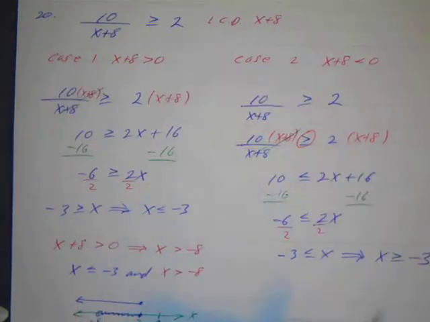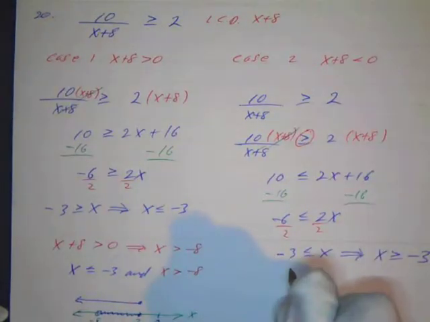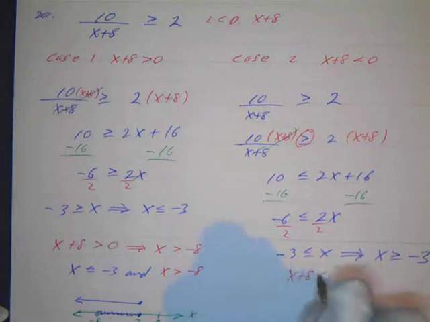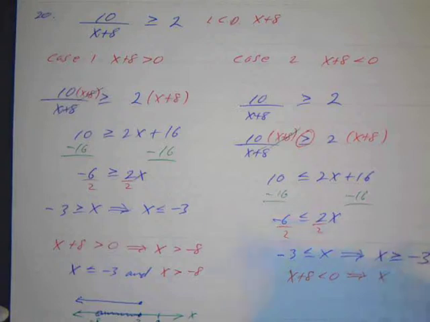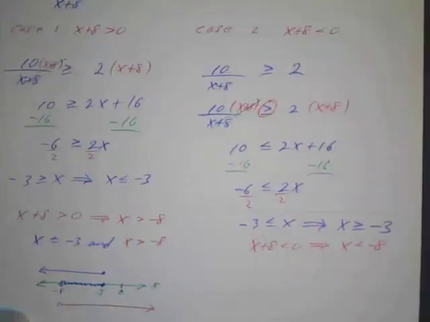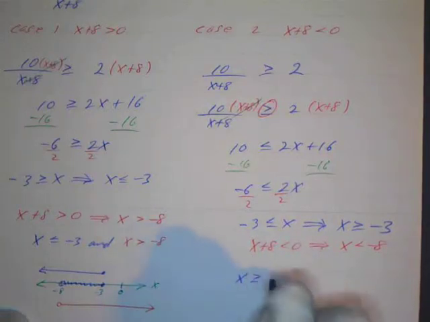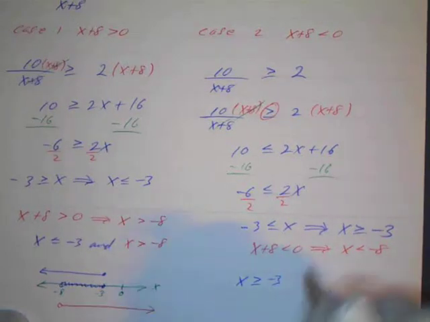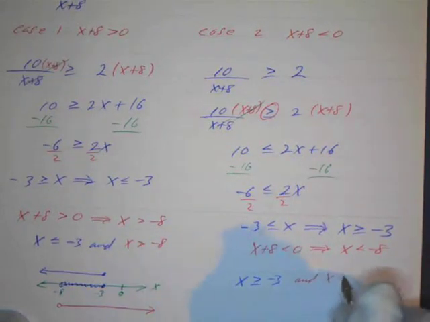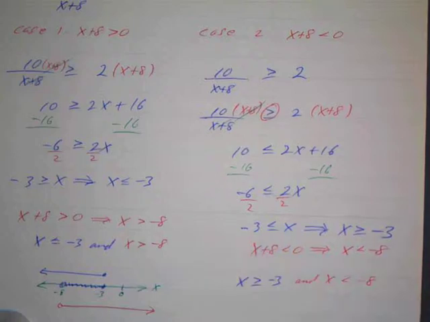But this is also the case up here that we have that x plus 8 is less than 0, which implies that x is less than negative 8. And that's a conjunction again. So let's write that out. X is greater than or equal to negative 3, and x is less than negative 8.